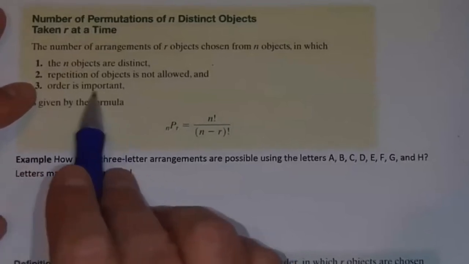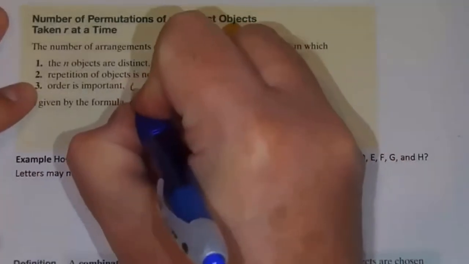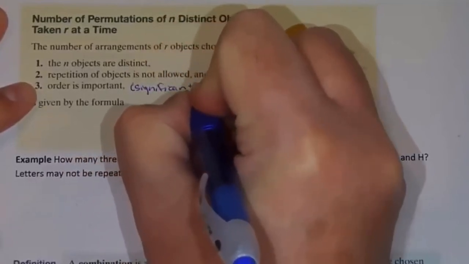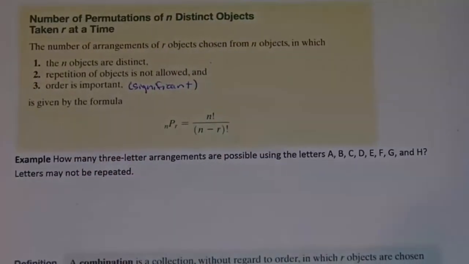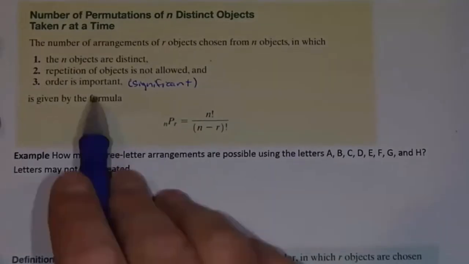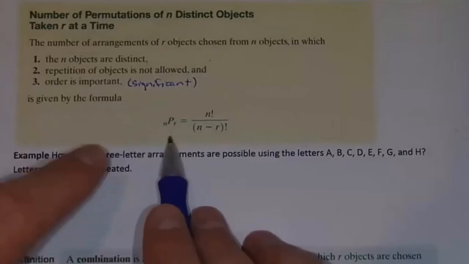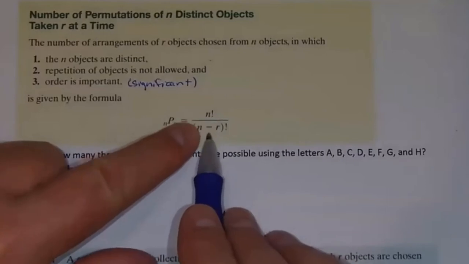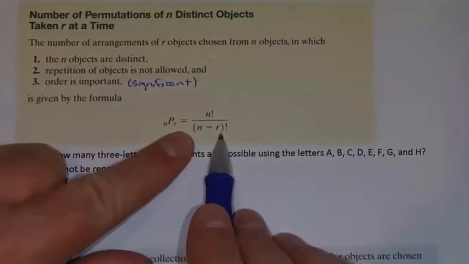3, order is important, and by important I mean significant. Order significant means that one being first and the next one being second is different from this one being first and this one being second. Order matters. They're different results. That's going to be given by the formula nPr equals n factorial divided by n minus r factorial.